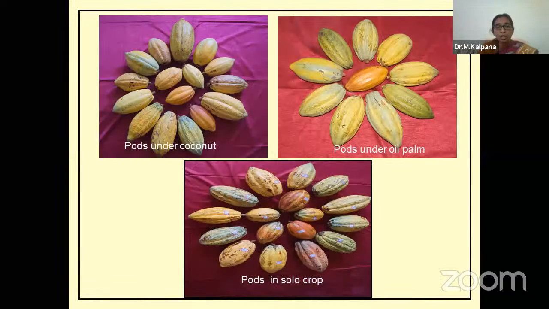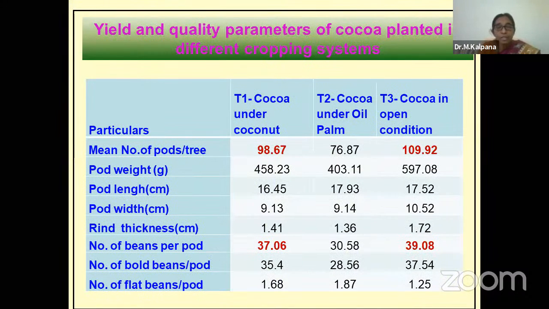What we observed from the pods collected from different cropping systems is that cocoa grown under coconut and in open conditions are on par with regard to all yield and quality parameters.